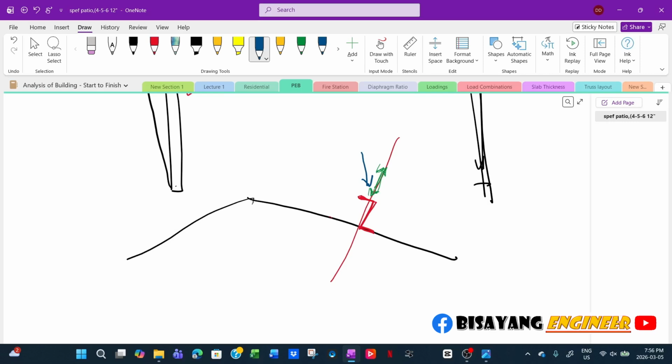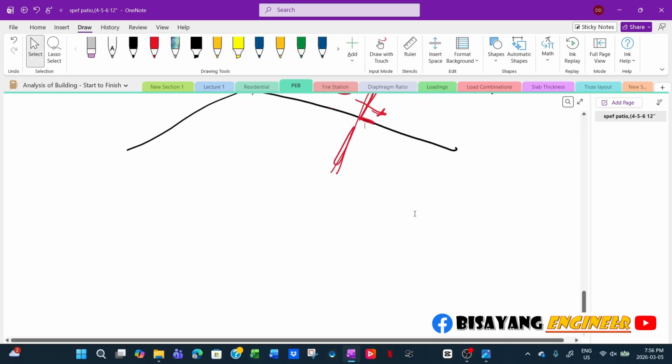So once you resolve this force, it will be resolved into a component horizontal with respect to this axis, and a vertical component this way. This vertical component will be added to the wind, and this one will be a horizontal load to the purlins.